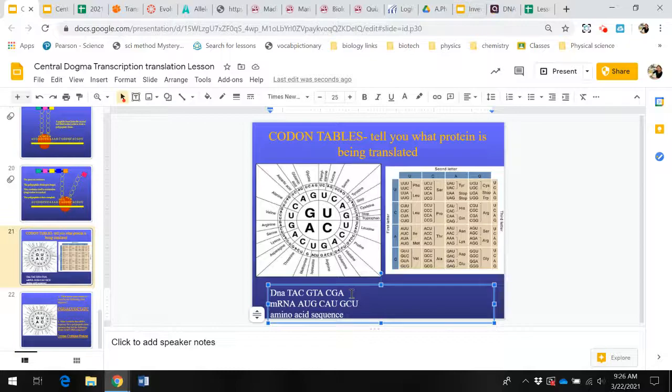Now use this one over here. Use this one to make sure you can do it, all right? So what is AUG? So first letter A, second letter U, and then G. So G tells me it's this one, isn't it? Yeah. Methionine, met. That's methionine. You see it?